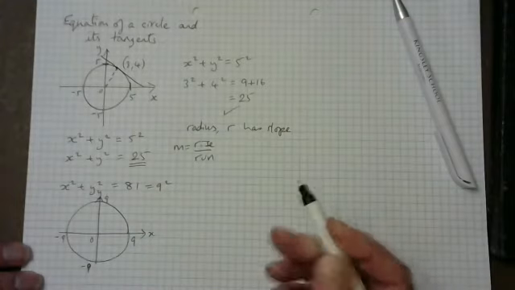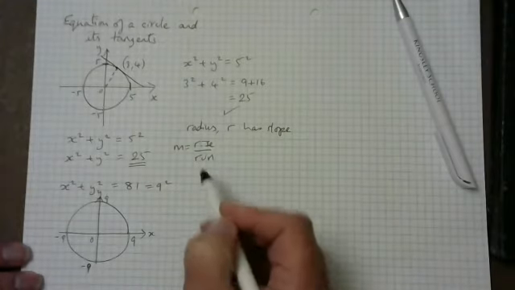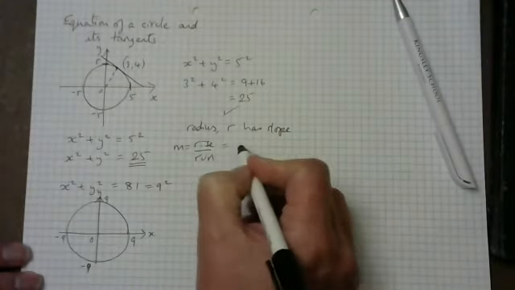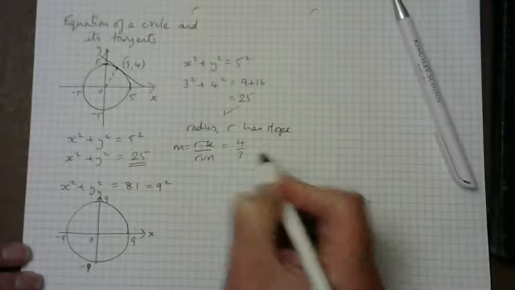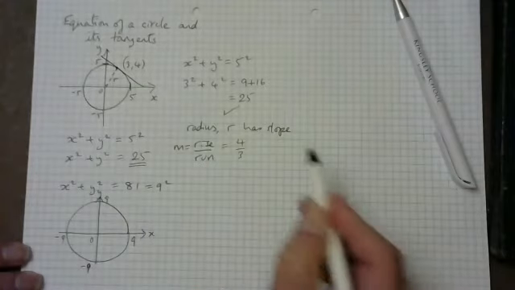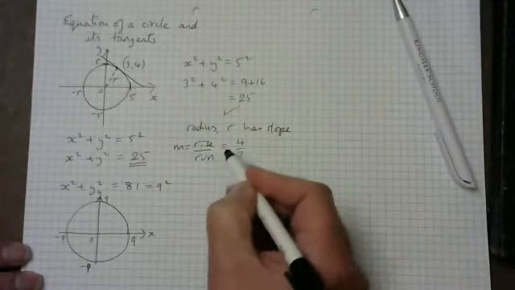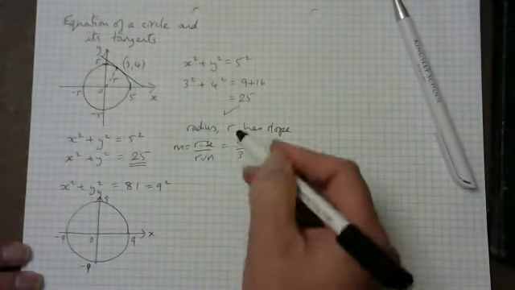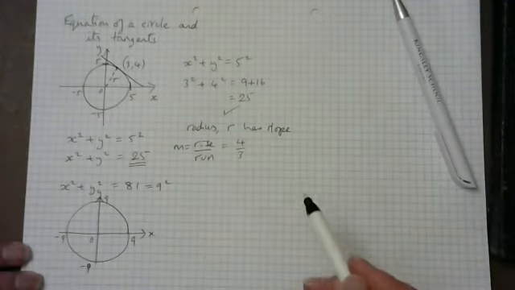We'll call it m, a normal notation for gradient. m equals rise over run equals 4 over 3. So we know the radius r has slope m equals rise over run equals 4 over 3. That's the slope of the radius.